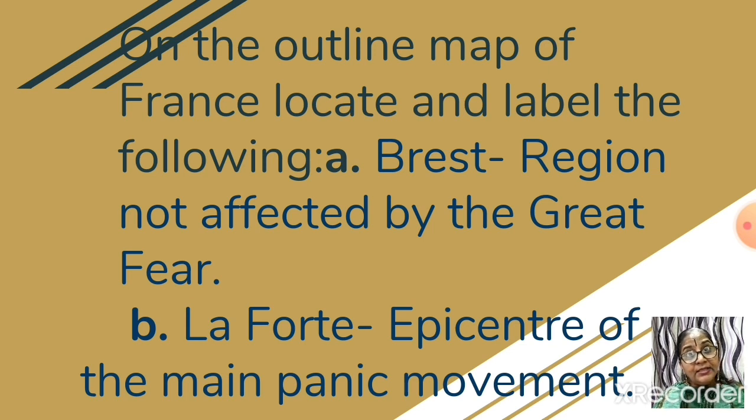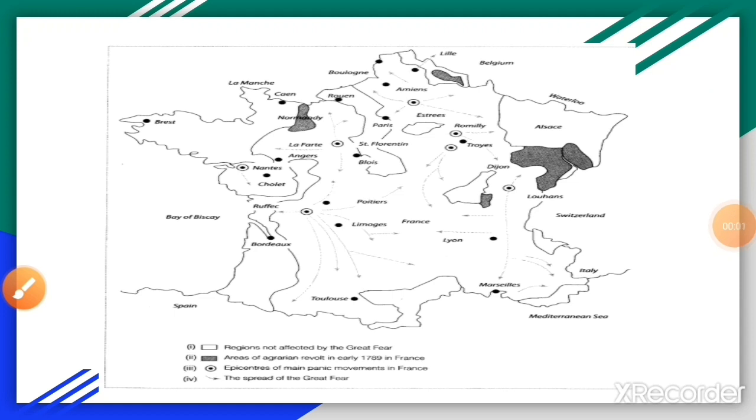And B is La Forte, that is the epicenter of the main panic movement. So we have 2 questions, question A and question B. Now come on, let's see how to locate it. So now children, let's locate.